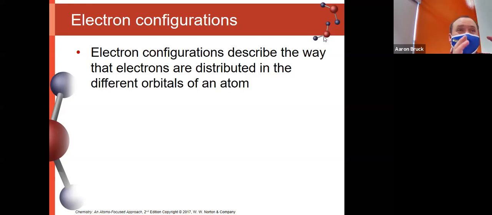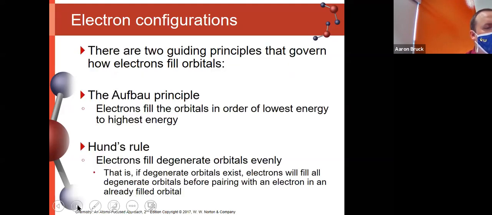And so we're going to use some of the same terminology, some of the same principles to describe electron configurations that we did for quantum numbers. But instead of applying it to a single electron, we're going to describe all of the electrons all at once.